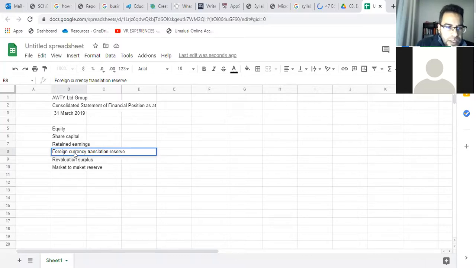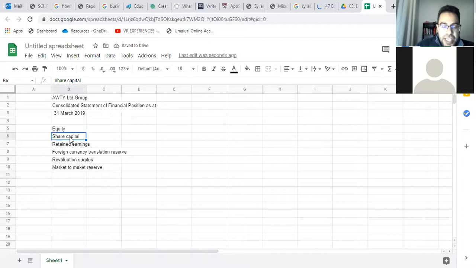Okay. And then, so here we have share capital. Then we have the profit and loss line items in the income statement, closed off to the retained earnings. Then these three are all OCI related items that have their own separate equity balance.